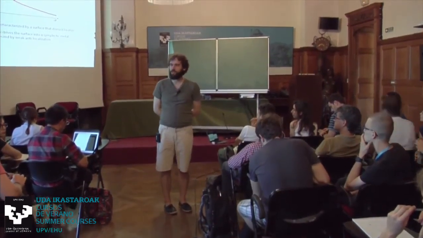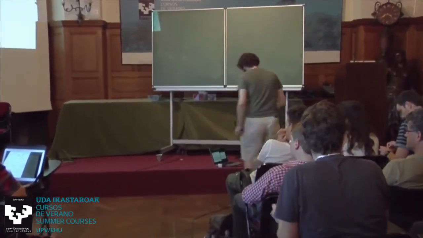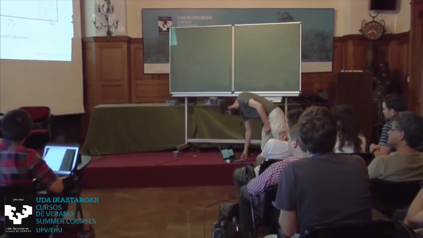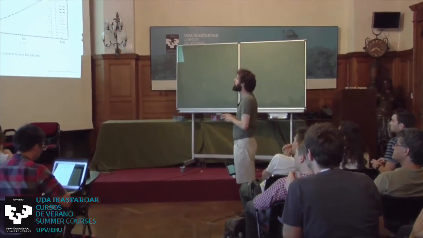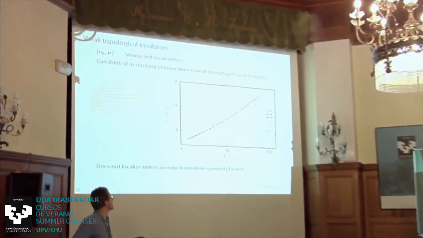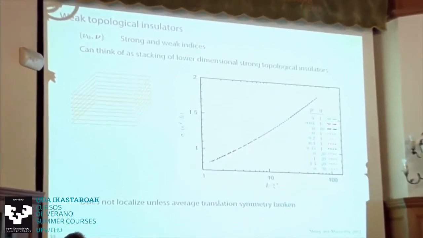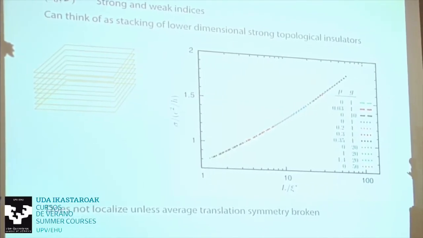Well, it's not quite that. It's okay. I mean, an example which is not exactly a crystalline insulator, but it gave a surprise, is the weak topological insulator, which naively, because there's no topological term in the field theory, you would think localizes, but it actually doesn't, unless the translation symmetry is broken not just on average. And some of the same thing happens in the crystalline insulators.